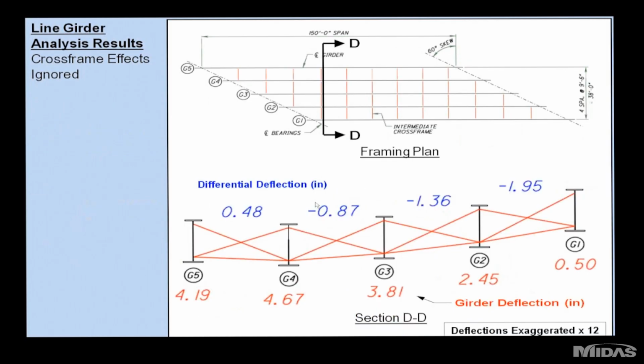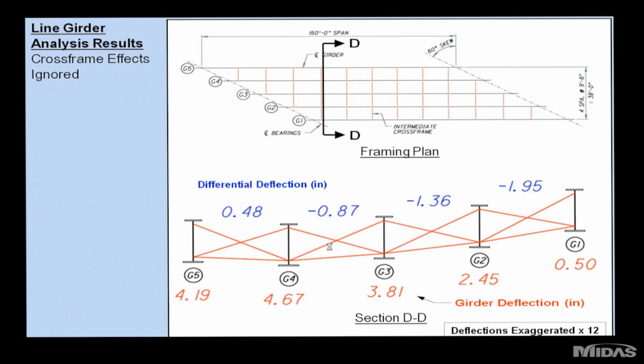If you look at that in section, you get an irregular shape across the width of the structure. The blue numbers on the top are differential deflections between the adjacent girders. The red numbers on the bottom are the girder deflections.